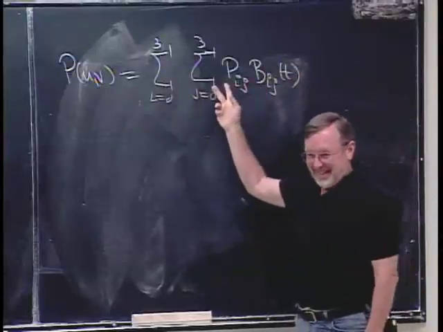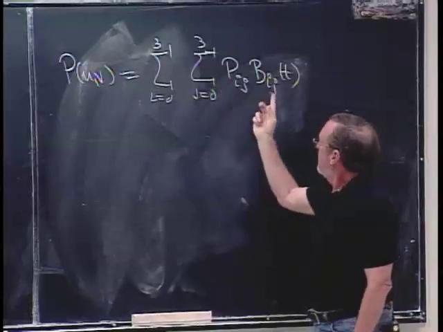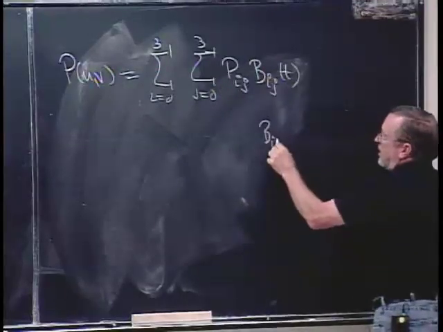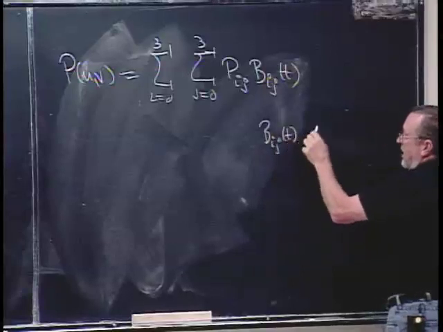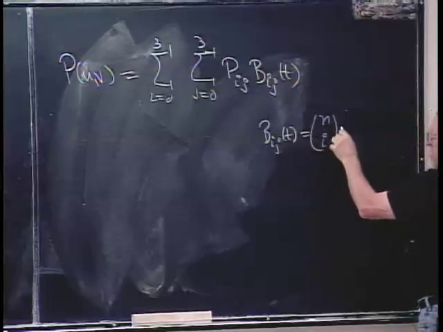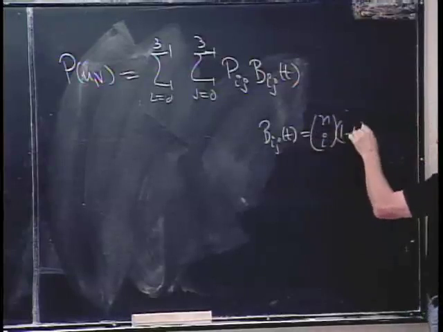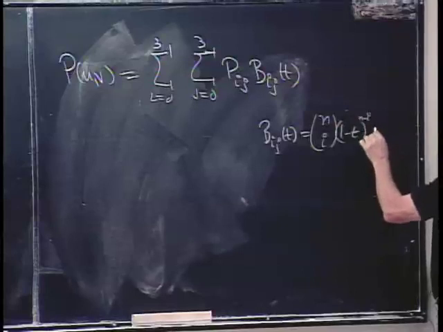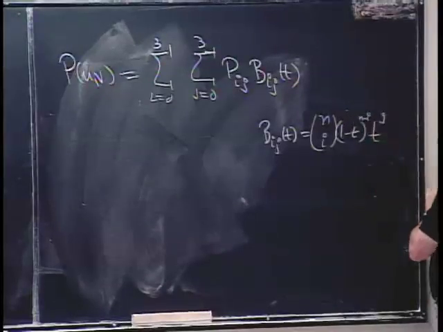Now this looks kind of weird, but the B_i's look like something called n choose i times (1 minus t) to the n minus i and t to the i.